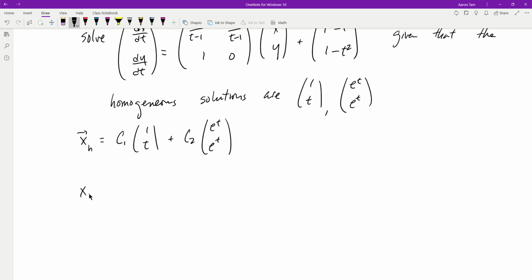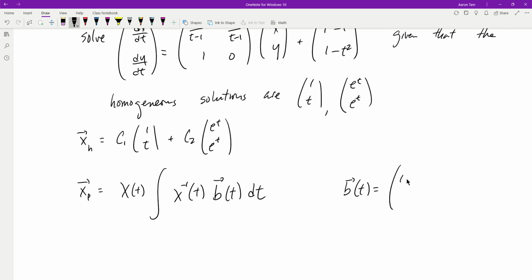Our particular solution would be equal to X of t times the integral of X inverse of t times vector b of t dt. The homogeneous solution would be attached to the back or in the front, depending on how you want to do it. We already know vector b. Vector b in this case is [1 minus t, 1 minus t squared]. I do need the matrix X.